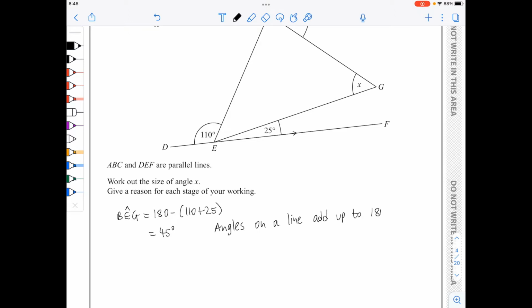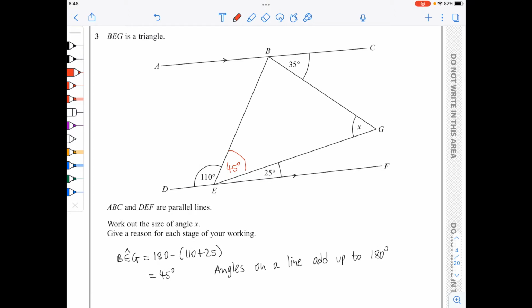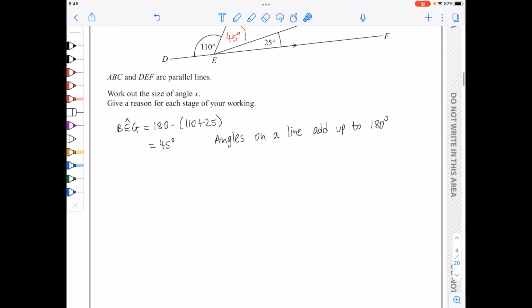Now it's a good idea to keep updating the diagram with all the information as it comes to light. So 45 degrees goes here, and then I'm gonna use the fact that the two lines are parallel to find this angle here. Now the angle ABE with the 110 are interior angles, so they add up to 180.